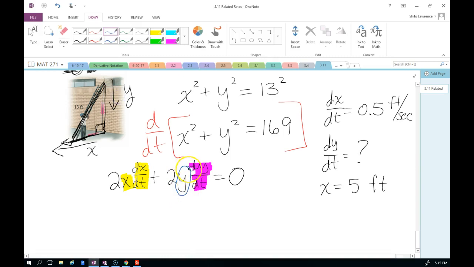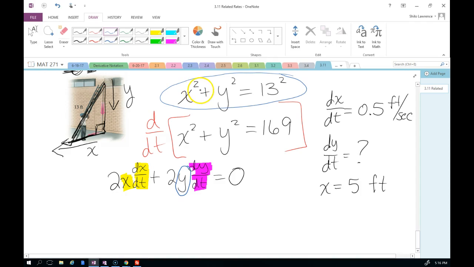Y is in this equation, and we can't solve it until we know it. But luckily, this formula here gives us the relationship between x and y. So we can figure out y really quick. We didn't necessarily know when we started this that we would need it, but now that I see my related rates formula, I can see that I need it.